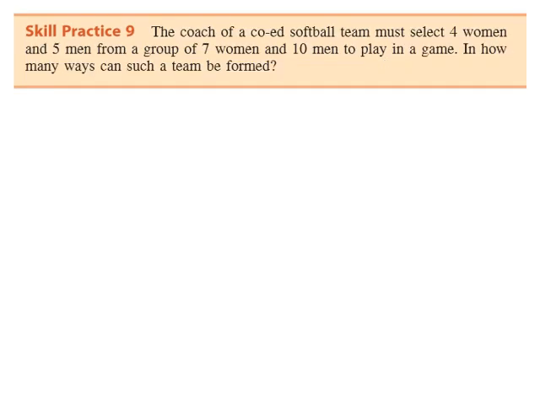There is a co-ed softball team, and the coach needs to choose 4 women and 5 men from this group of people. How many ways can it be formed? Well, it doesn't matter who is chosen first and second and third and fourth and so on. But what does matter is the number of women and the number of men.